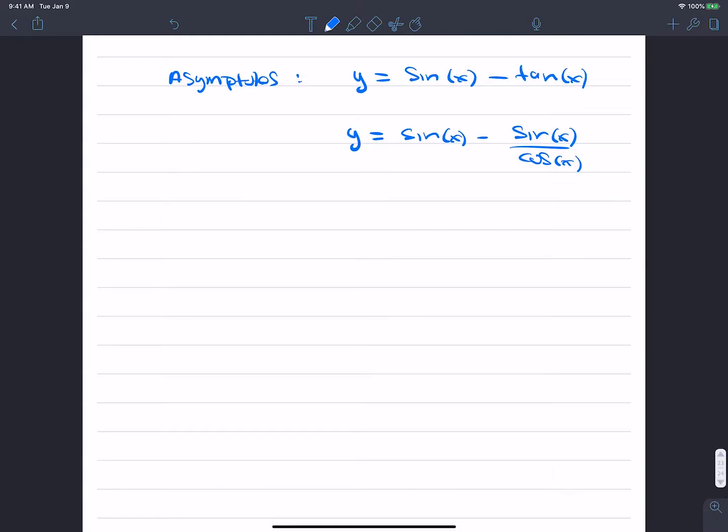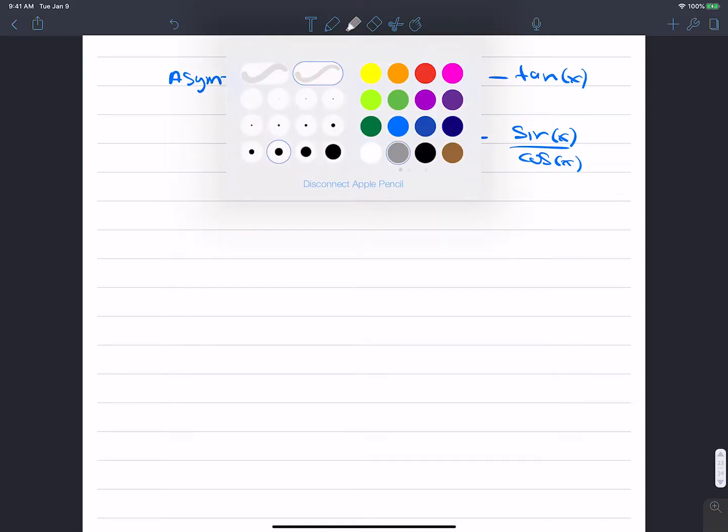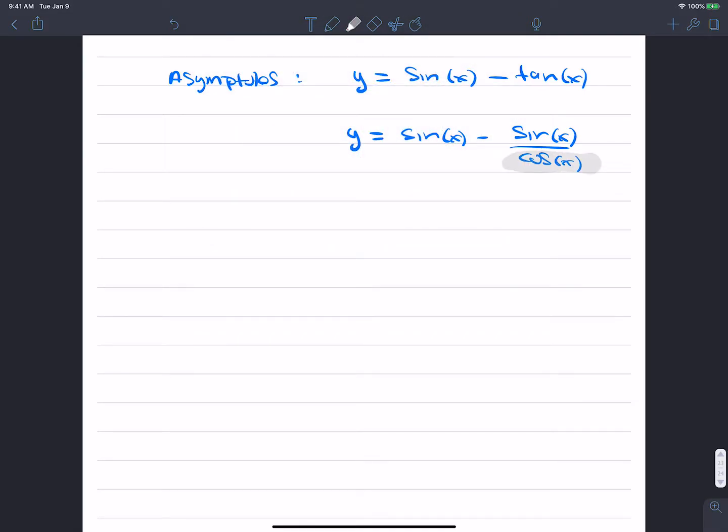So going back to pre-calculus maybe, even though this technically is not a rational function, it's rational-like, you're going to have these what? What are you going to have here? Do you guys know what you're going to have? Where is cosine 0?